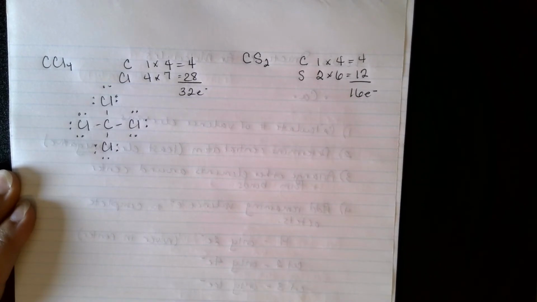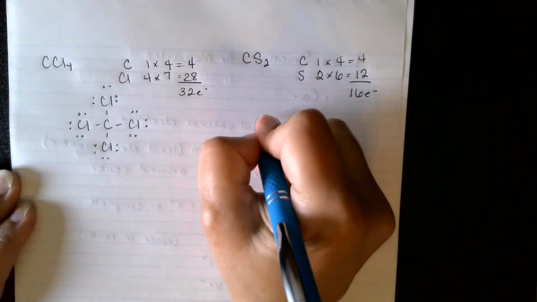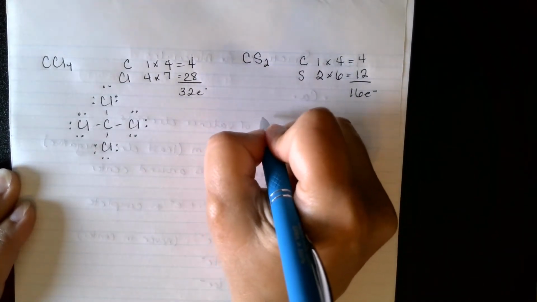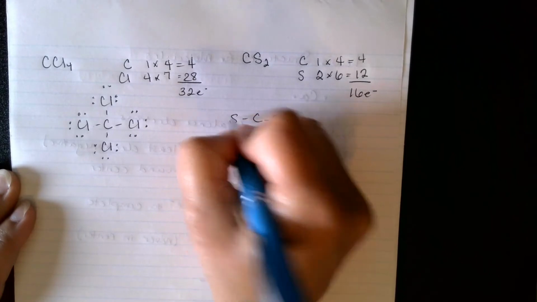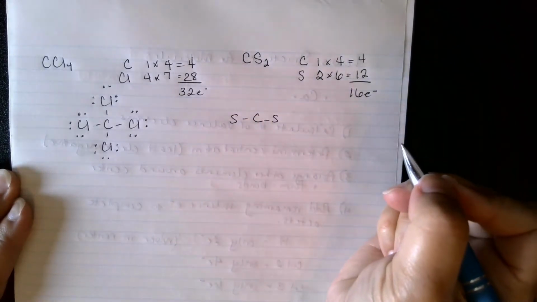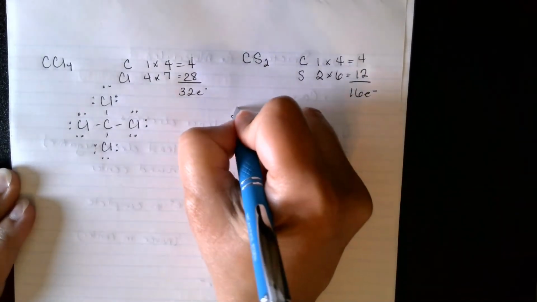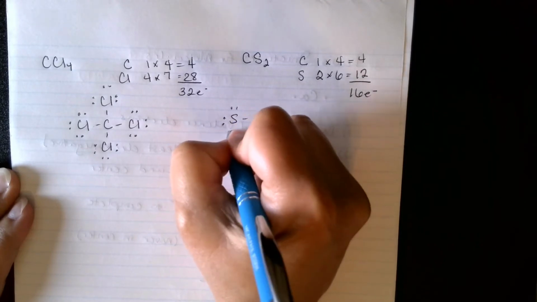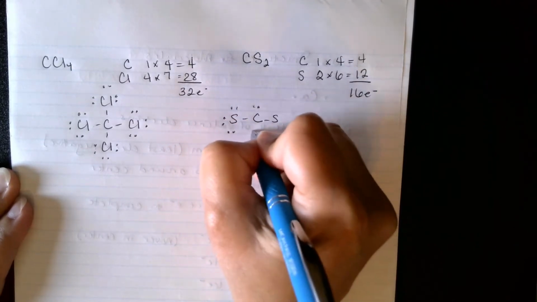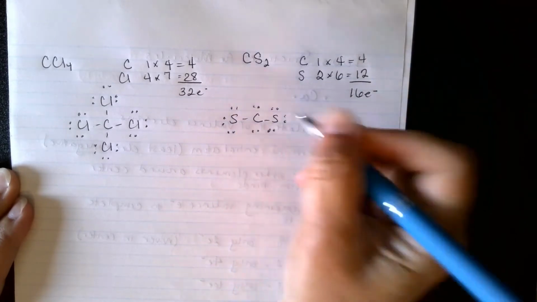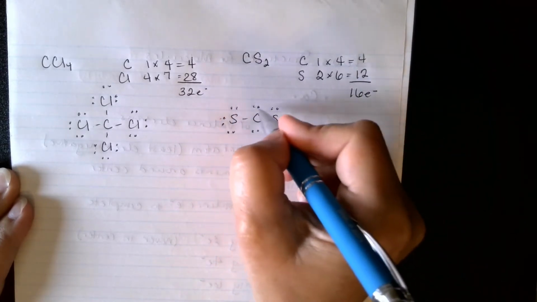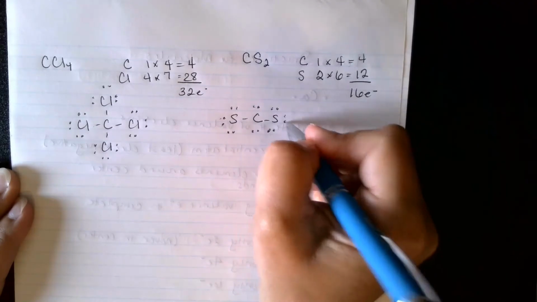Between carbon and sulfur, carbon is least electronegative, and as I said before, carbon always goes in the middle. I'm going to put a sulfur on each side, and then I have to give everybody an octet. So we're going to fill it up with the lone pairs. 2, 4, 6, 8, 10, 12, 14, 16, 18, 20.